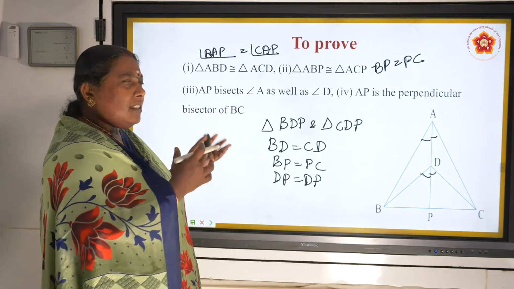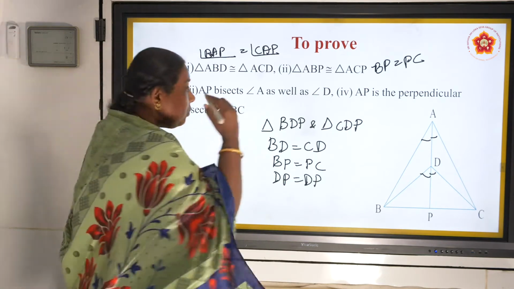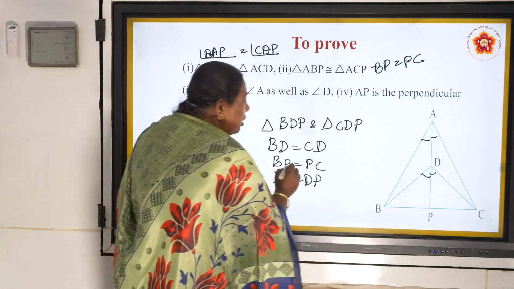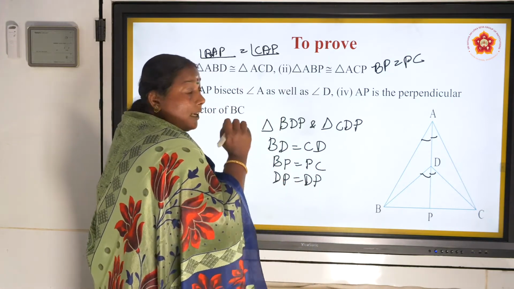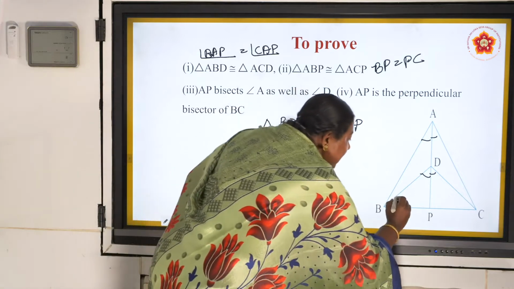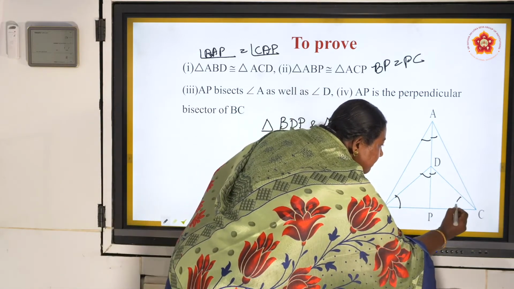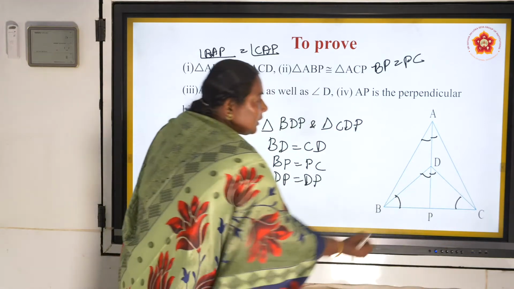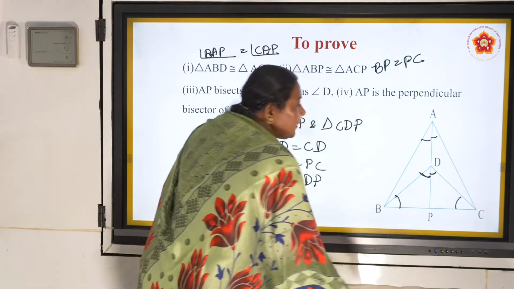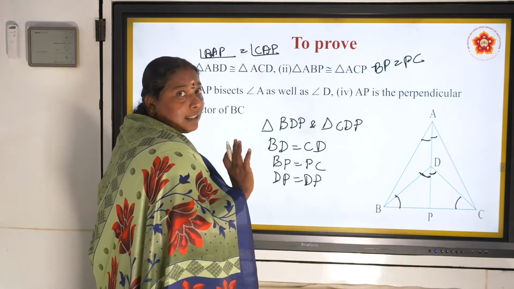So by this, what am I going to tell? I have talked about all the three sides. Now I have to talk about the angles. These two angles are equal. All the other angles are equal.